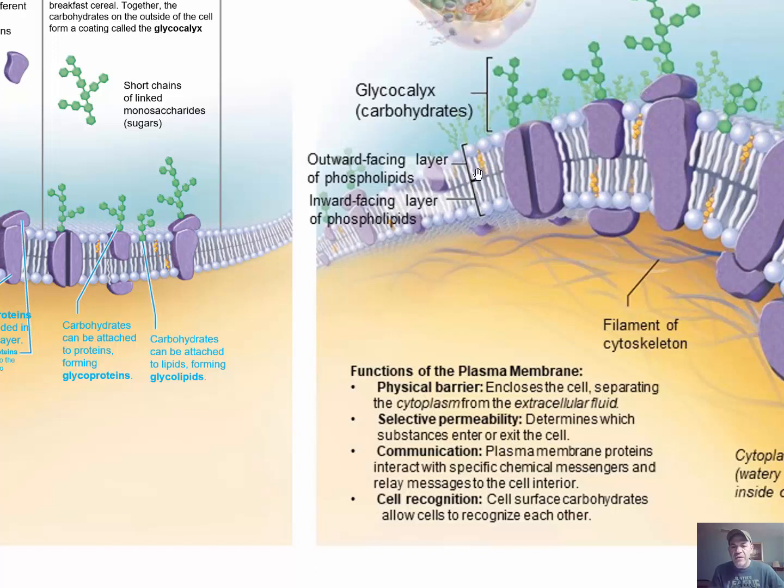In fact, the middle of the layer is hydrophobic, so it doesn't allow things that are hydrophilic, both on the outside and the inside of the cell, to just cross easily. So things in the extracellular fluid outside and intracellular fluid are regulated as far as what gets through.